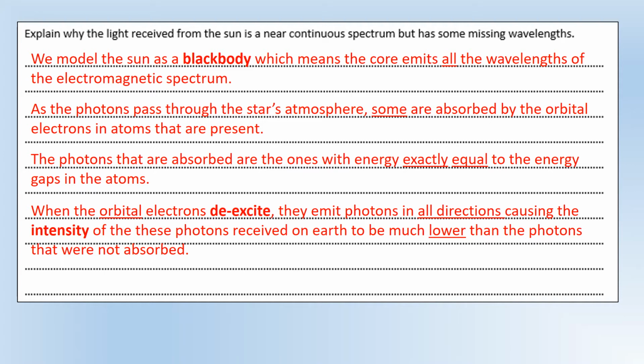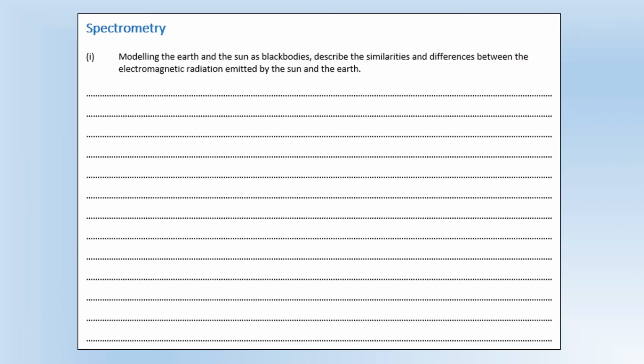The photons are all traveling in one direction towards Earth. Some of them are absorbed and then emitted in all directions, and that means the intensity of these photons when they arrive on Earth is going to be much lower. So we always see them as black lines, but that doesn't mean the intensity is 0. It just means it's considerably less than the other ones, because it's been emitted in all directions. So that's why we've got missing wavelengths.